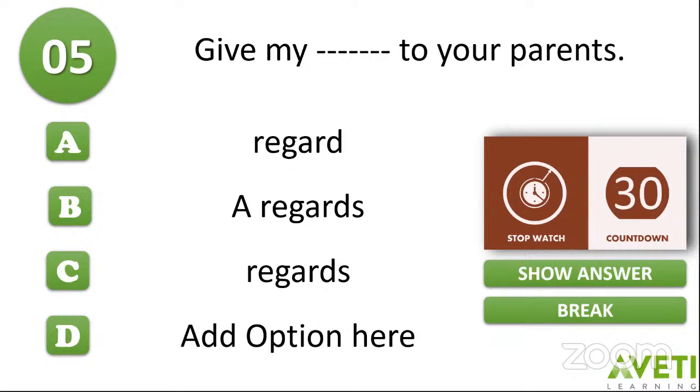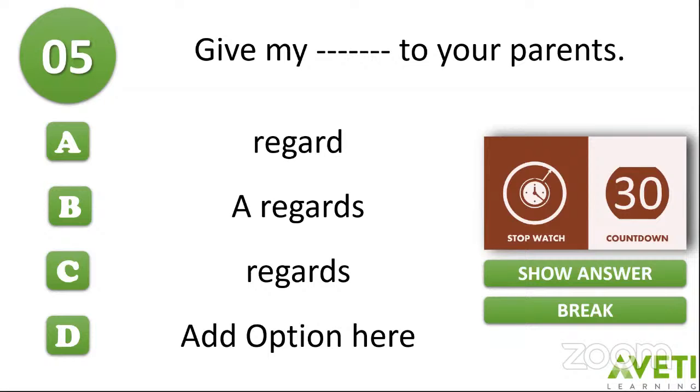Okay, give my regards to your parents. It becomes give my regards to your parents, meaning give my pranams to your parents. So here you always have to use regards. You can't use regard. You can't say give my pranam to your parents. No, give my pranams, because those words come with the S attached to them.